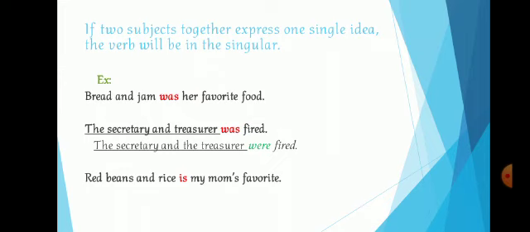From that you can easily identify whether the two subjects are expressing one meaning or not, right? Red beans and rice is my mom's favorite. No, the word the is not there. So red beans and rice talk about one idea, one meaning. It gives one meaning, a food. So there you use a singular verb.